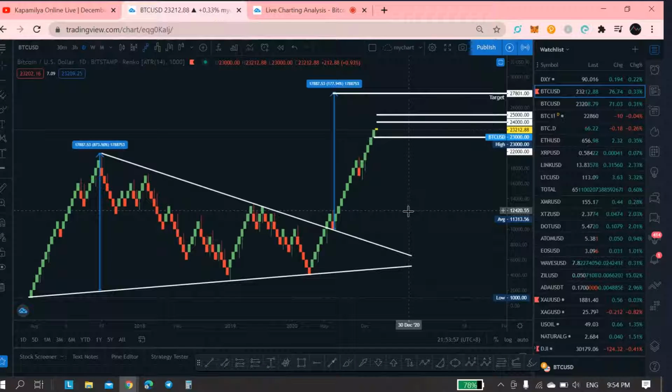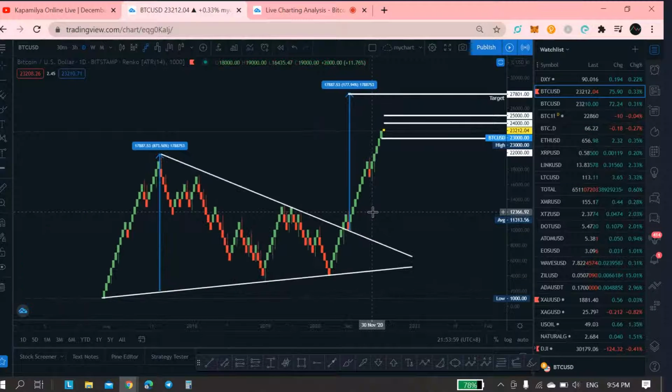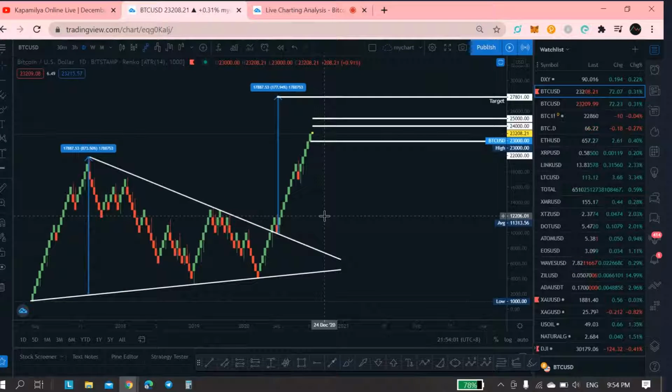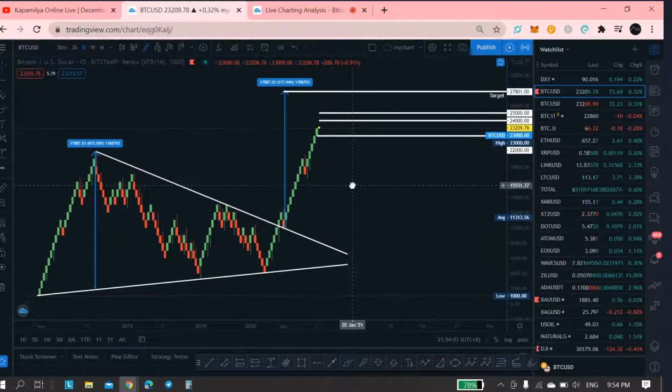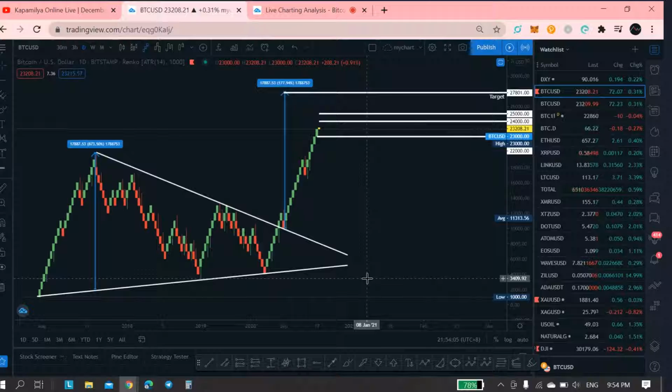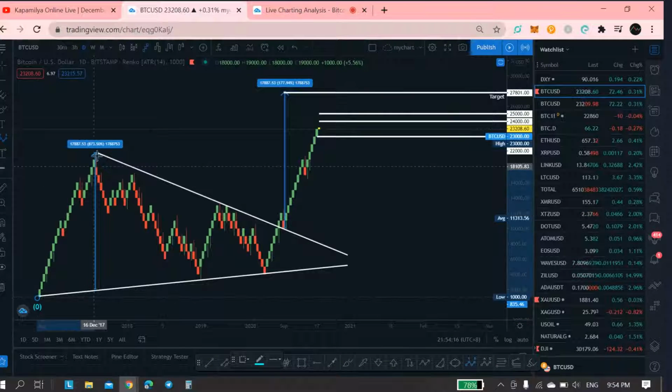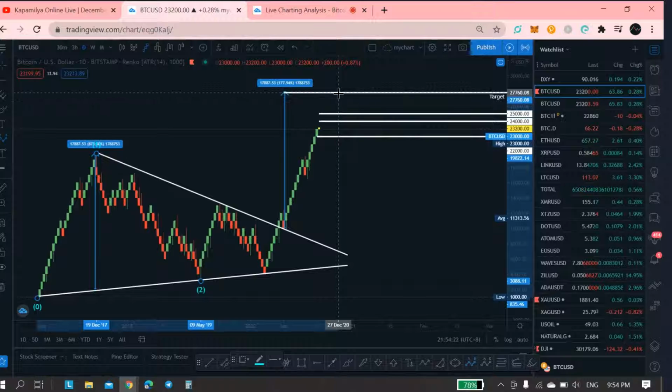So let's use the Elliott Wave tool. This is 2 and this is possibly 3, 4 and possibly 5.